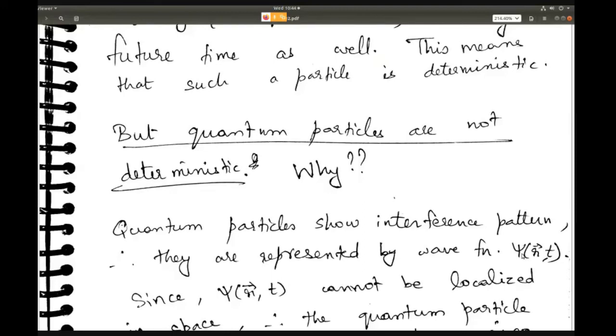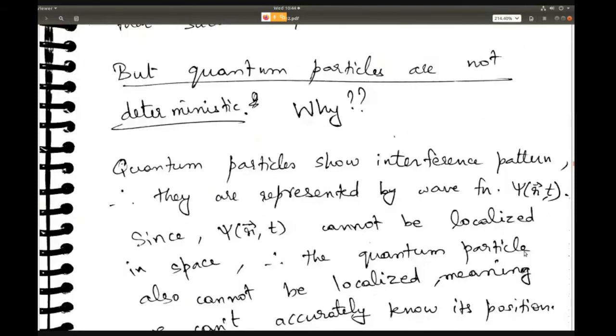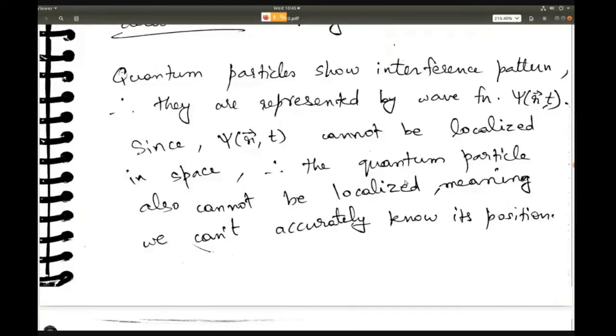So if a wave cannot be localized in space, it means that the quantum particle also cannot be localized. If you don't know where it is at the current position itself, how can you know where it will be at some later time? You cannot know that, right? Because the wave function itself is not localized. So this means that we cannot accurately know its position.